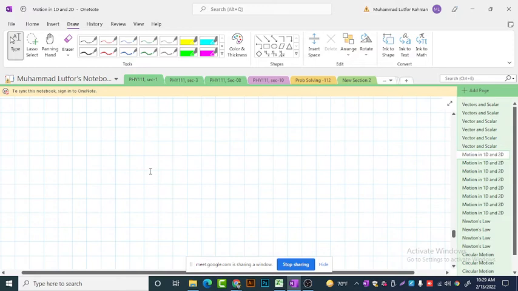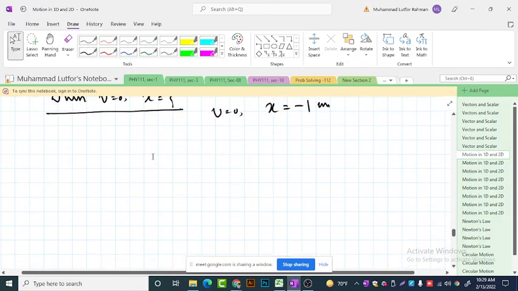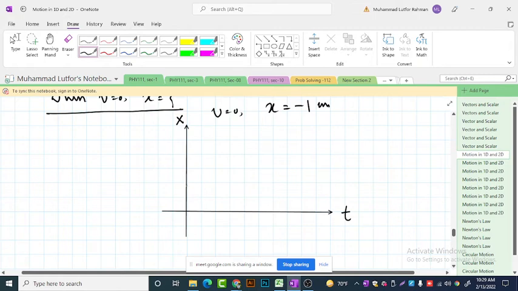Now I'm going to draw that one. Say this is my x direction, and say this is my t. It's one dimension, so that's why I'm drawing it this way. This is my positive x direction, upward is positive. Say this is my 8, and this is my origin over here.